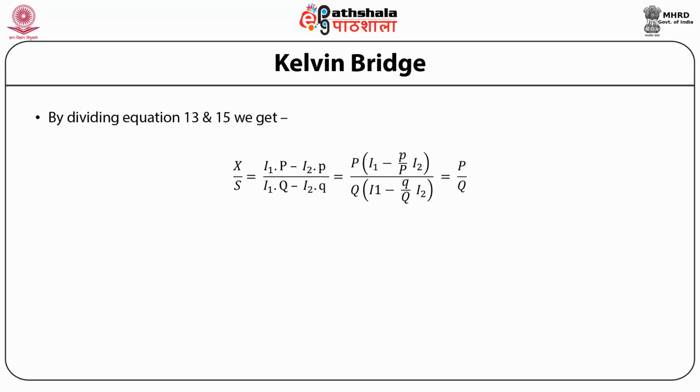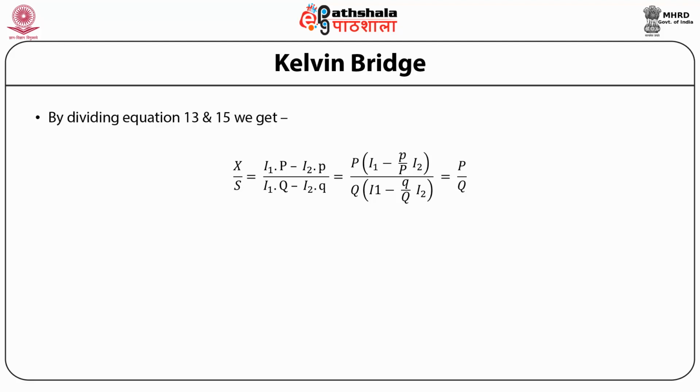This equals P into brackets I1 minus small p by P into I2, divided by Q into brackets I1 minus small q by Q into I2.